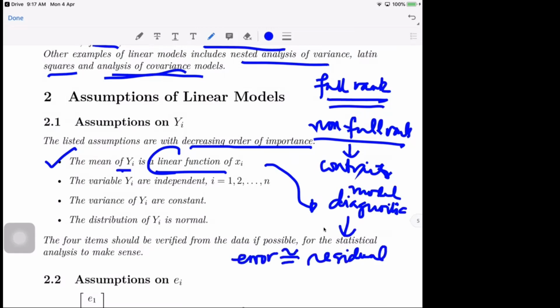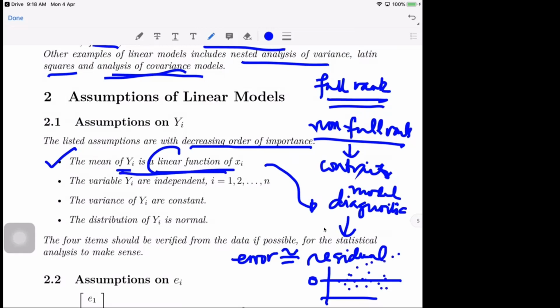So when we check the residual about 0, it should follow a horizontal line. If it follows a horizontal line, then it means that y is a linear function with respect to x.